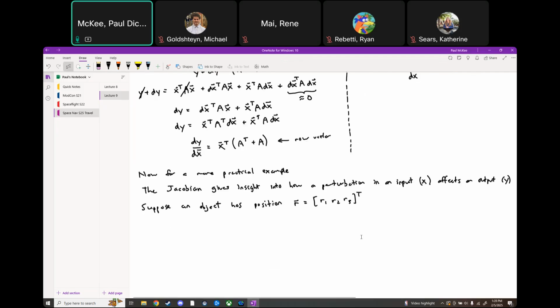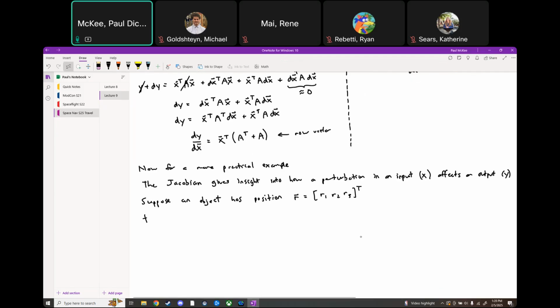Okay. The range to this object is the norm of its position vector. So I'm going to call this rho is equal to the norm of R.